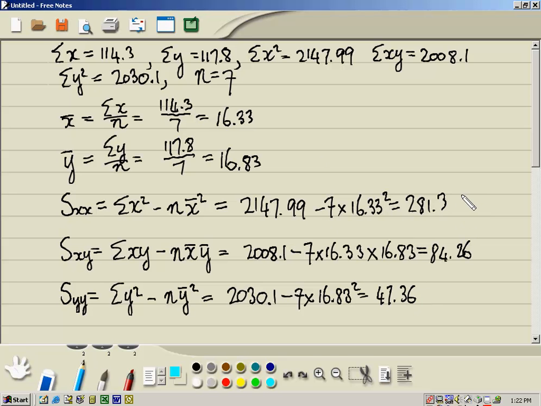Note that the sum of squares of x must always be positive, just like the sum of squares of y must always be positive. The sum of squares of xy doesn't matter; it could be either greater than or less than 0.